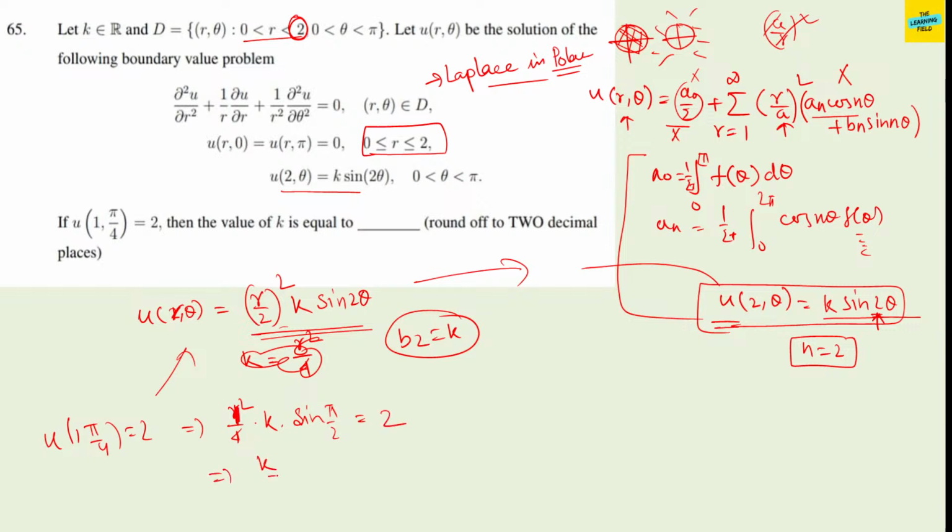That means k by 4 equal to 2 and k equal to 8. So just compare the two solutions. You will get n equal to 2, a0 equal to 0, and b2 equal to k.